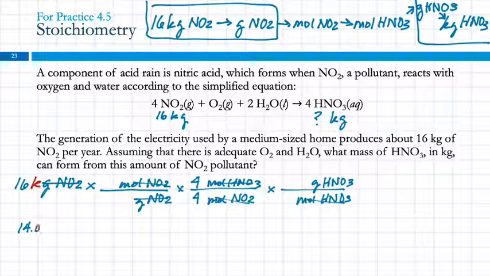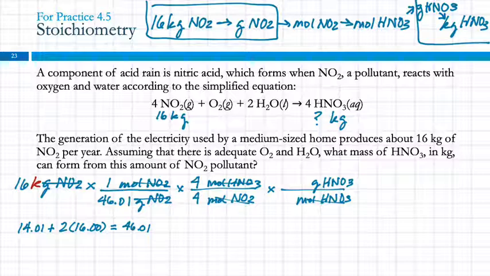So that's 14.01 plus 2 times the mass, well, that's sloppy, 2 times the mass of oxygen. So 46.01. So 1 mole is 46.01 grams.